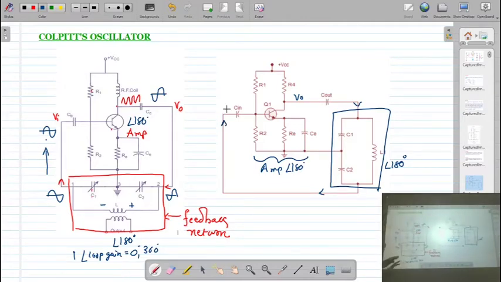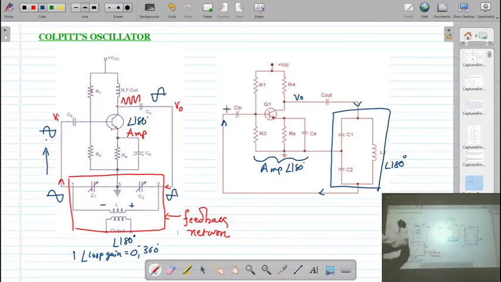So either you draw a Colpitts oscillator in this manner or in this manner, it is one and the same. So again the loop gain angle of this feedback amplifier is 0 degree or 360 degrees. Now how will the oscillation start?